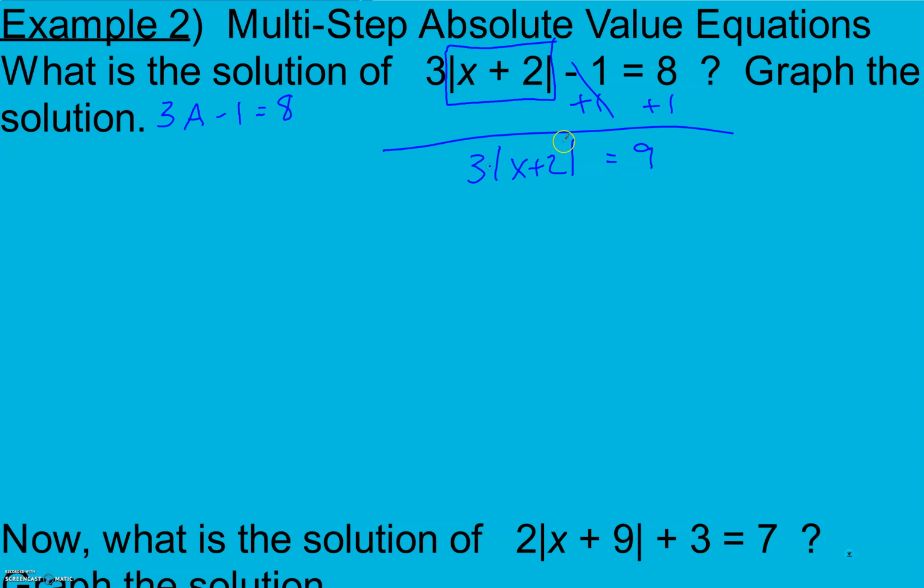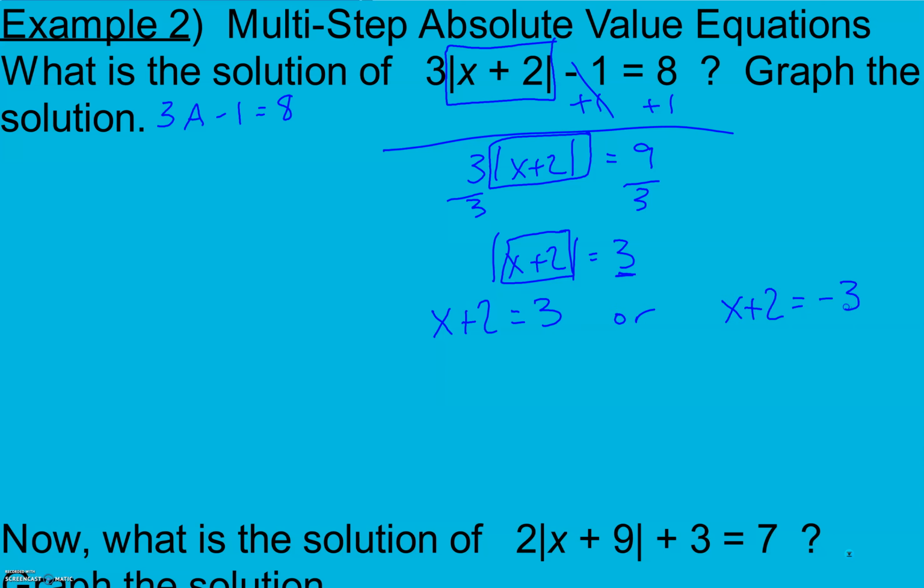Now, since I'm solving for my absolute value, it's being multiplied, so I'm going to divide. Now that we know what our absolute value equals, or what it could have been, we take what's inside and that could have been 3, or what's inside could have equaled -3, because then we took the absolute value of it. Solve by subtracting 2.